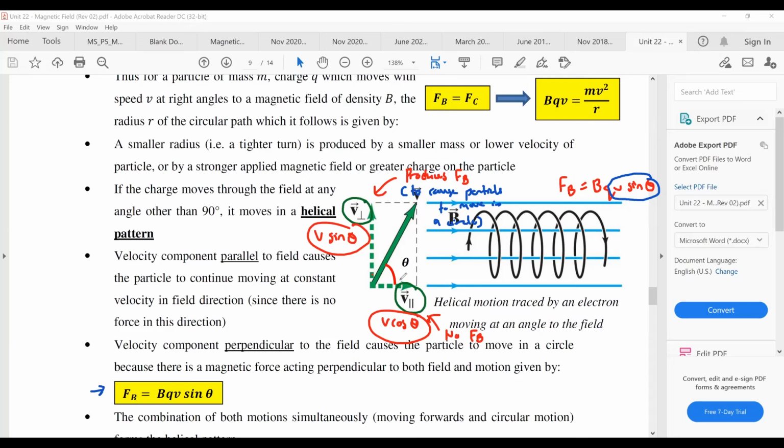So if you consider this component of velocity, your charged particle will continue moving forward with speed v cos theta.